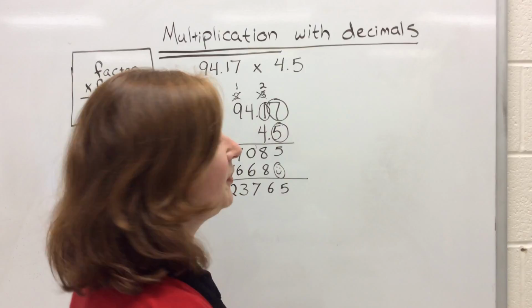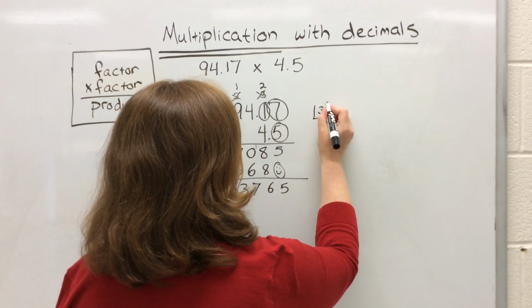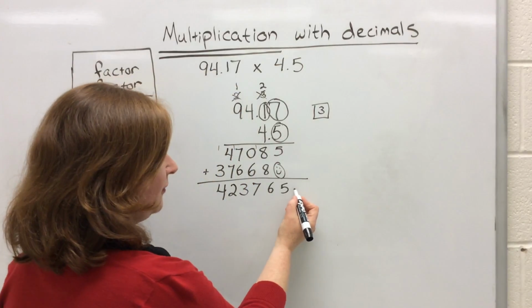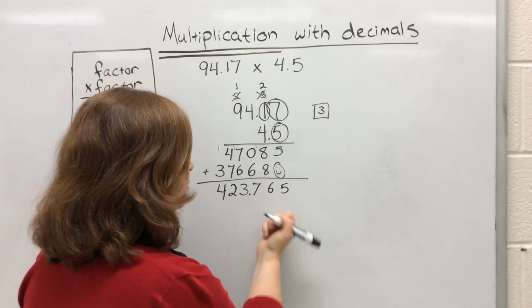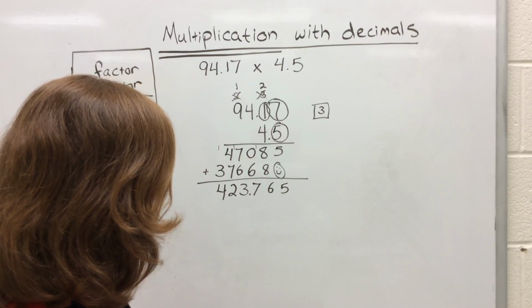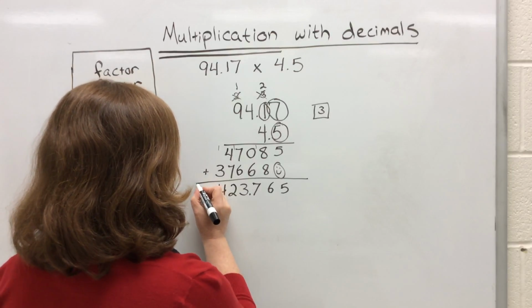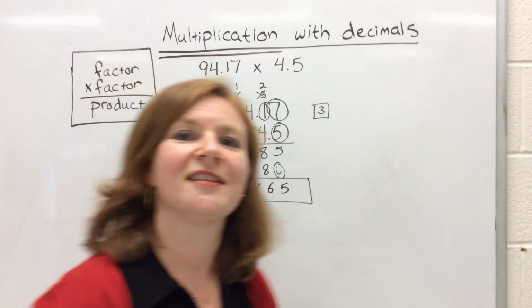So once again, I have 3 circles. 1, 2, 3. That's my number I need to remember. I'm going to move over 3 places, 1, 2, 3 to the left, to place my decimal point. So my product here is 423.765, or 423 and 765 thousandths.